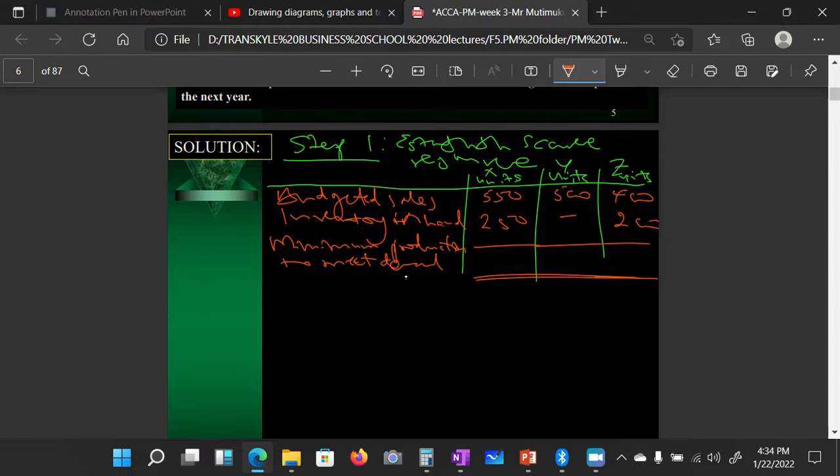We already have 250, but the demand is 550 units of product X. So we have to deduct 250 from 550, and we are left with 300. We do the same here. It means that we have to produce 500 units for Y, and 200 units for Z.